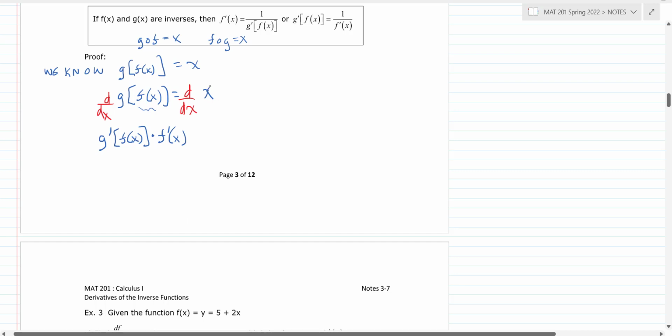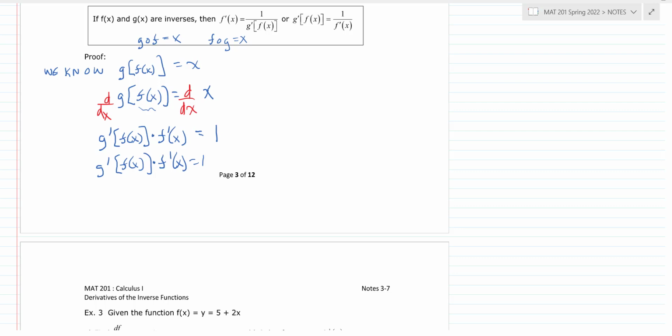Then, since the composition is equal to x by definition of an inverse function, the derivative of x is just equal to 1. So now we have an equation we can pretty easily solve: g prime of f of x times f prime of x equals 1.